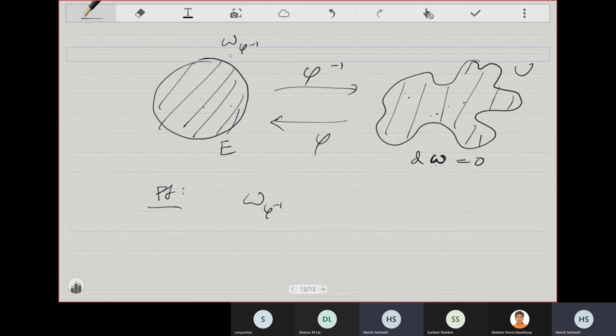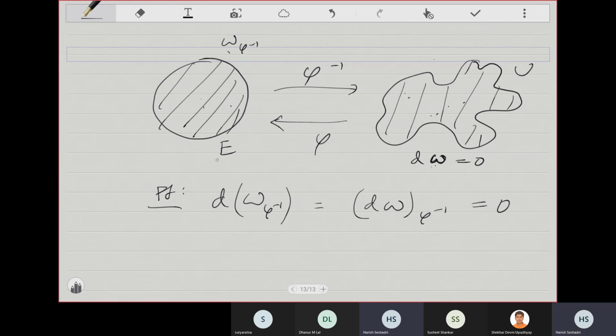Now, will it continue to be closed? D of this: we have already seen that the pullback operation commutes with d. So this is the same as d of omega pulled back by phi inverse, and this is 0. So you do get a closed form on E, the convex set.